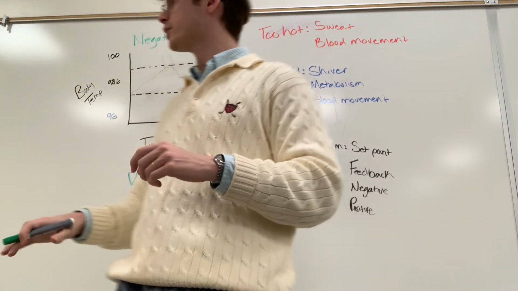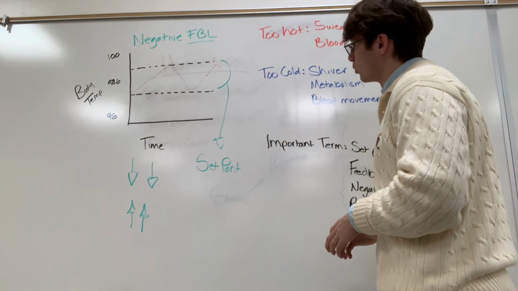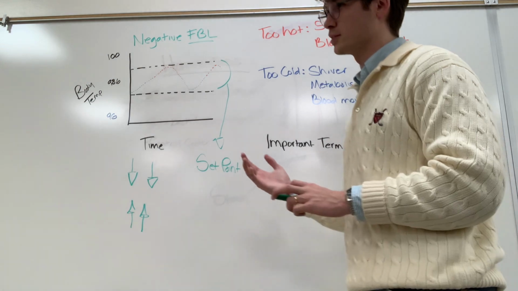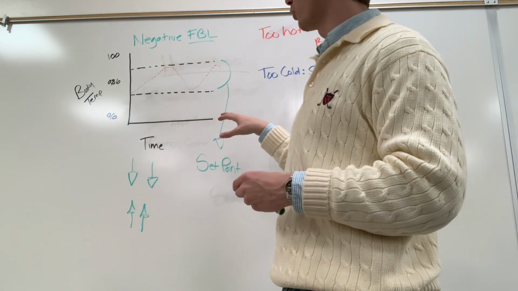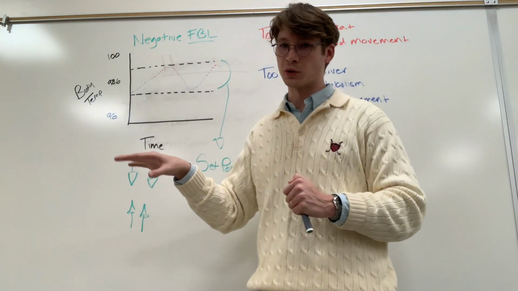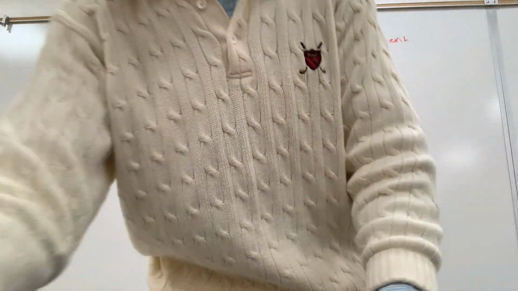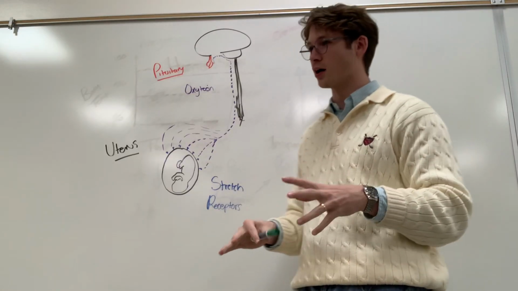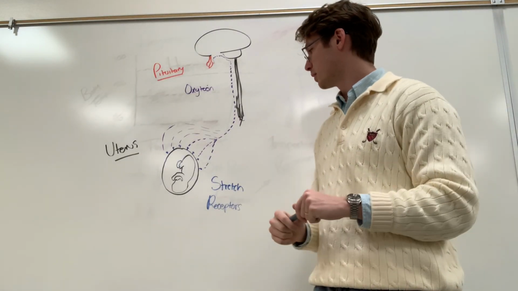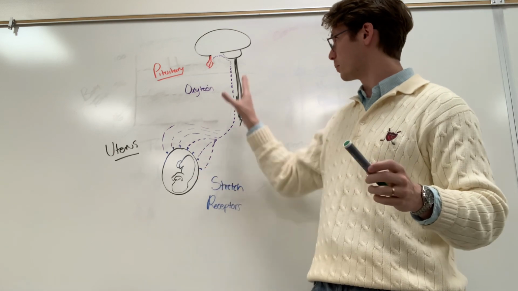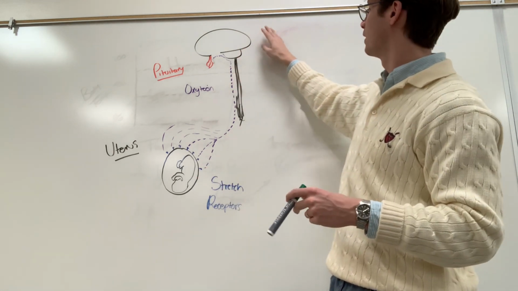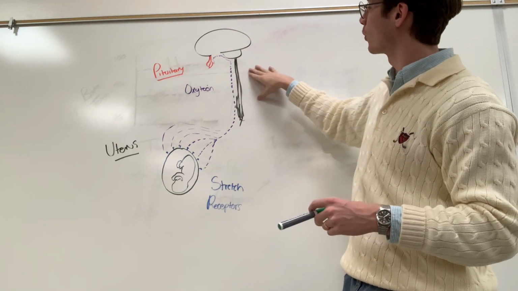So I'm going to erase this, and I'm going to bring up an example of a time that is going to be important for this positive feedback loop to kick in our bodies. Well, of a positive feedback loop. Not the best artist. This is a brain. This is our spinal cord.